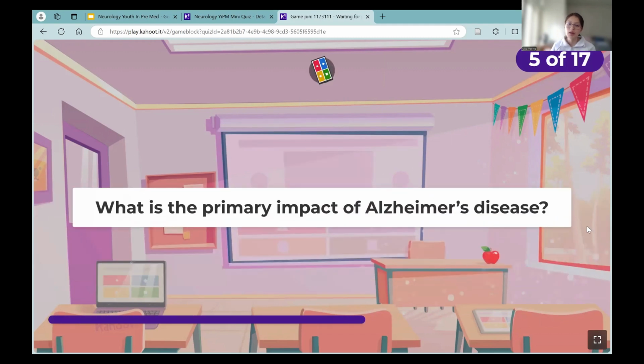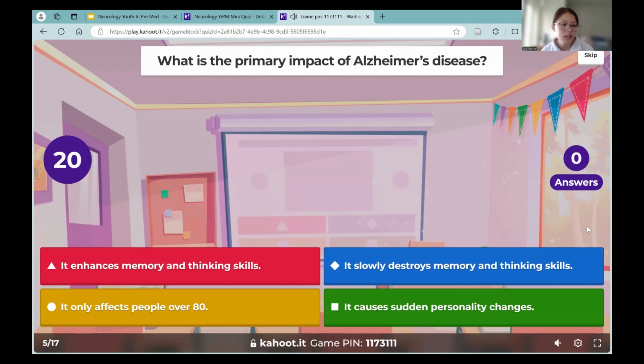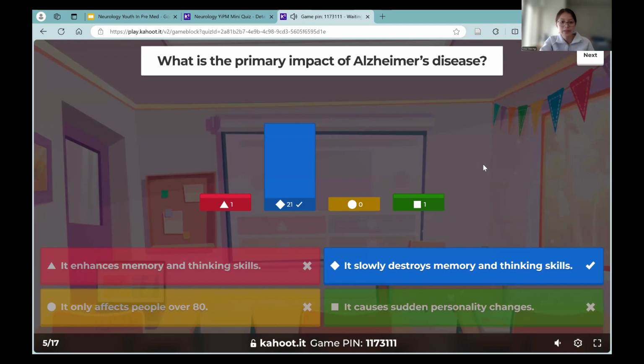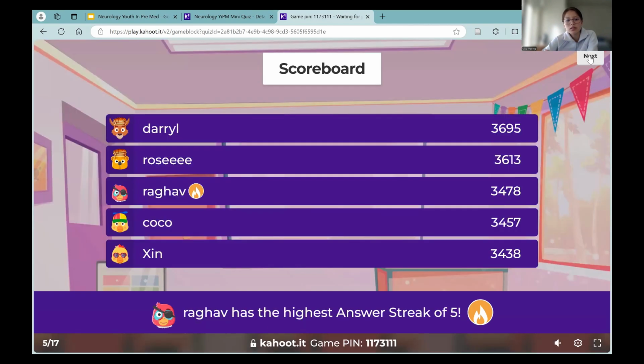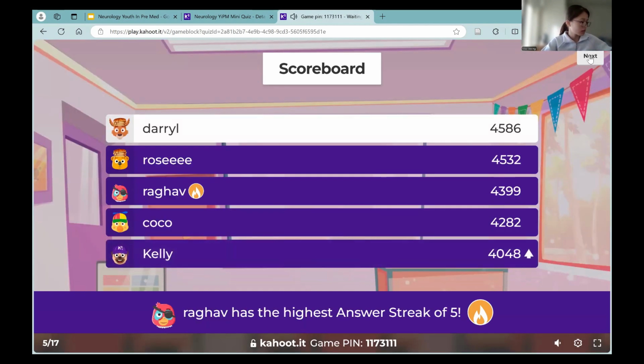And then what is the primary impact of Alzheimer's disease? Okay, great. Yeah, a lot of people got this one right. Alzheimer's disease slowly destroys memory and thinking skills, the neurodegenerative disease.